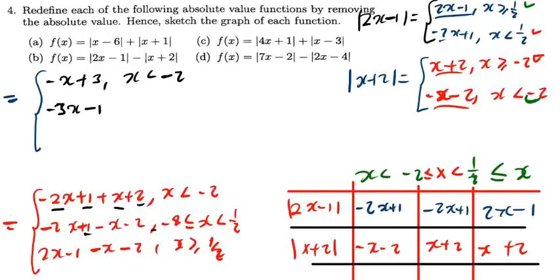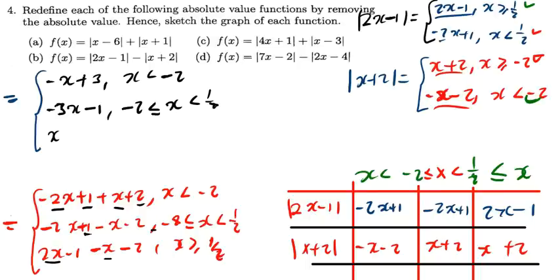Okay, the condition is that negative 2 is less than or equal to x, and then less than half. Then for this one it is going to be this, and that one will give me positive x.